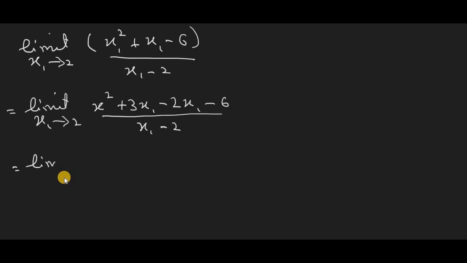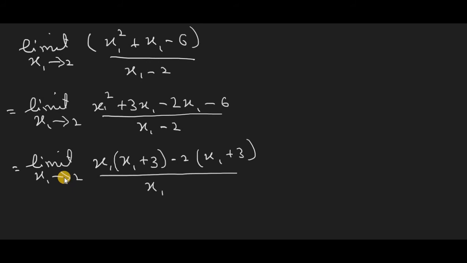So limit x1 approaches to 2, x1 square can be taken outside, and it is x1 plus 3 minus 2 x1 plus 3 whole divided by x1 minus 2, making the factors here.